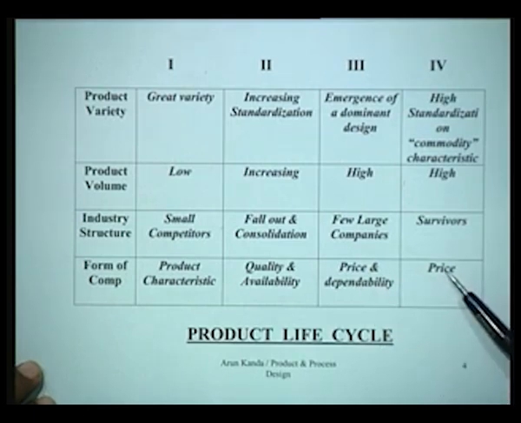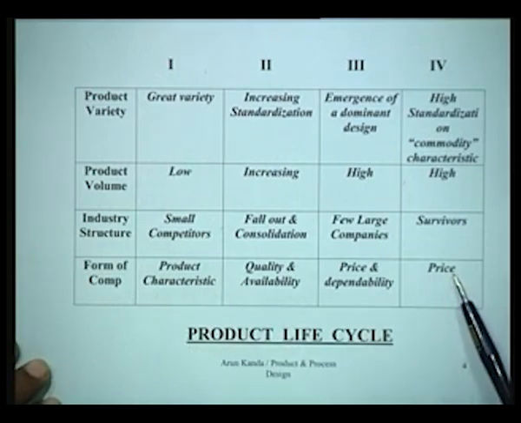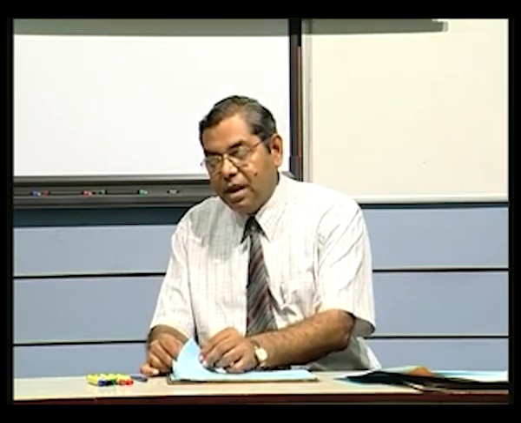And generally at the last stage, the form of competition is governed mainly by price and not by other things, because as you go along you have to cross a number of barriers, but the final barrier at the fourth stage is the price. So this gives you an idea of how different products behave on different fronts during their various life cycles.